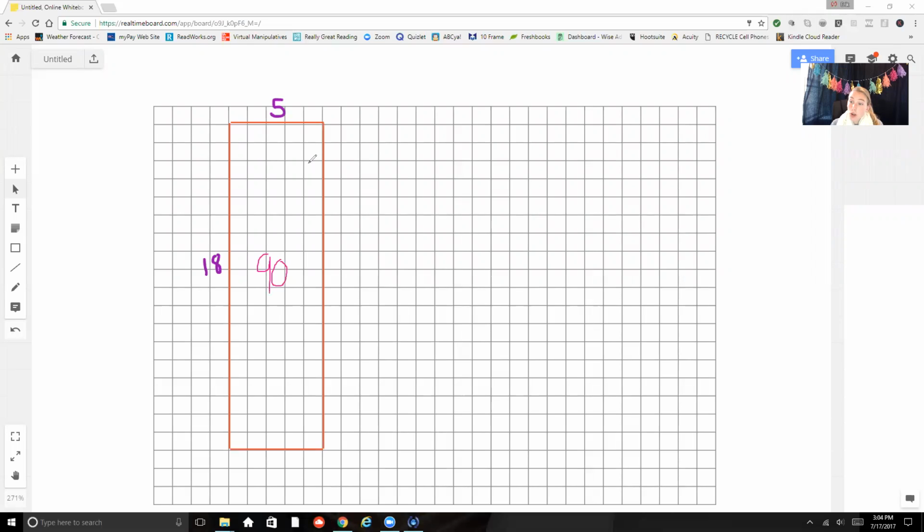But I want to show you how it looked when we broke those numbers apart to make it a little bit simpler. It's kind of like breaking apart a candy bar. So I had 18 times 5, and I said, okay, this is 10 times 5 and 8 times 5. And this was 50, and this was 40.